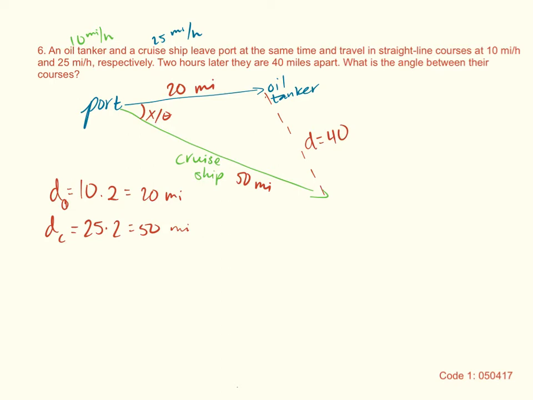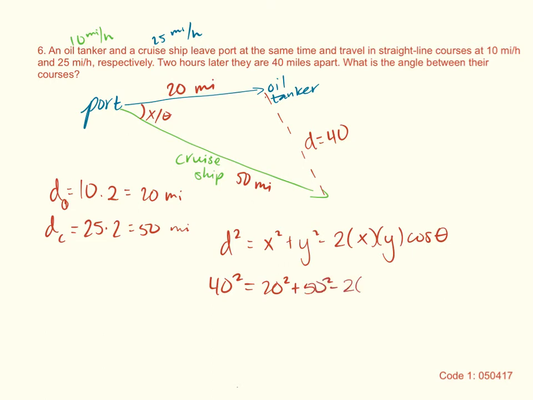So we're going to use the same general formula we used last time. So that's going to be d squared is equal to x squared plus y squared minus 2 times x times y, cosine of theta. So we're going to have 40 squared equals 20 squared plus 50 squared minus 2 times 20 times 50 times cosine theta.